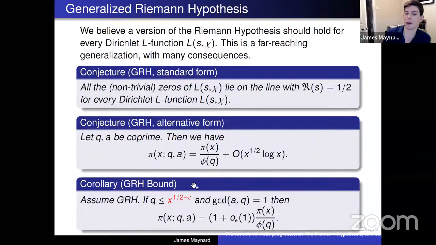So in my original numerical example, I had q being of size exactly the square root of x, and so that's right on the cusp of when this generalized Riemann hypothesis bound would allow us to conclude that you get roughly the same number of primes in every possible arithmetic progression.